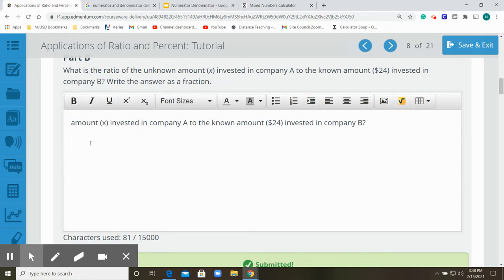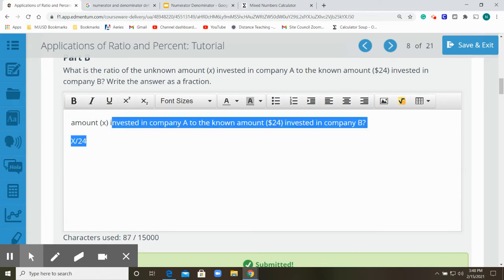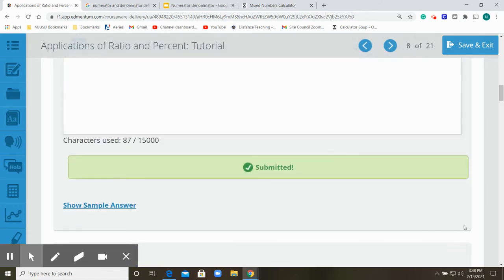So, we know that X, the unknown amount in A, to 24, the amount in B. We can check our answer.